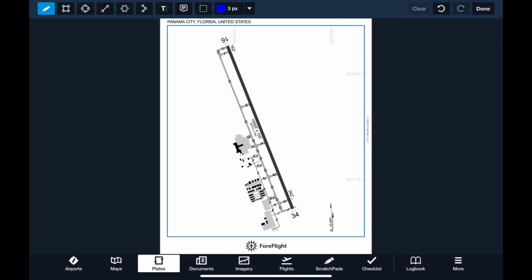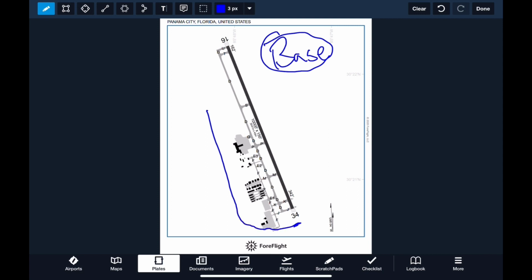Now let's talk about the next leg, the base leg. So the base leg is simply the leg where the pilot is turning from the downwind leg to now going this way. So if you think of just a box, think of the letter L. That's your base leg.